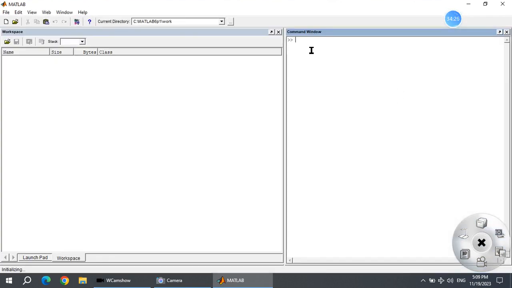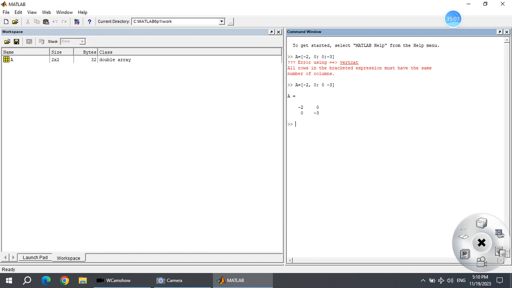Okay, here let me start. I give a system. I just let A equal to whatever, A equals -2, 0, 0, -3, a 2 by 2 matrix. This is the simplest case, right? It's a diagonal one.